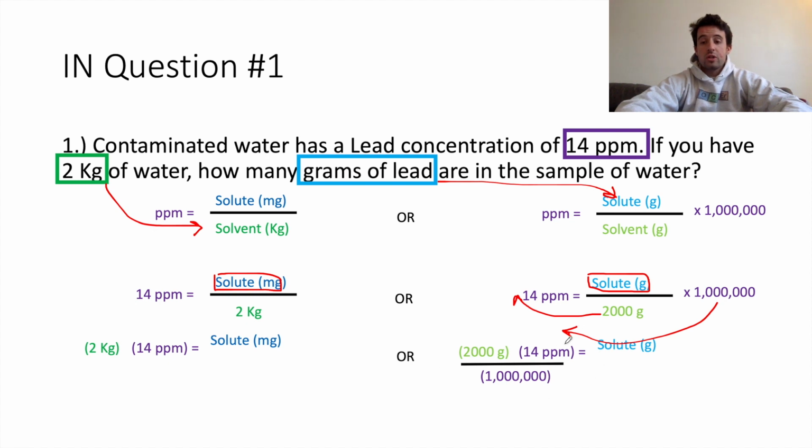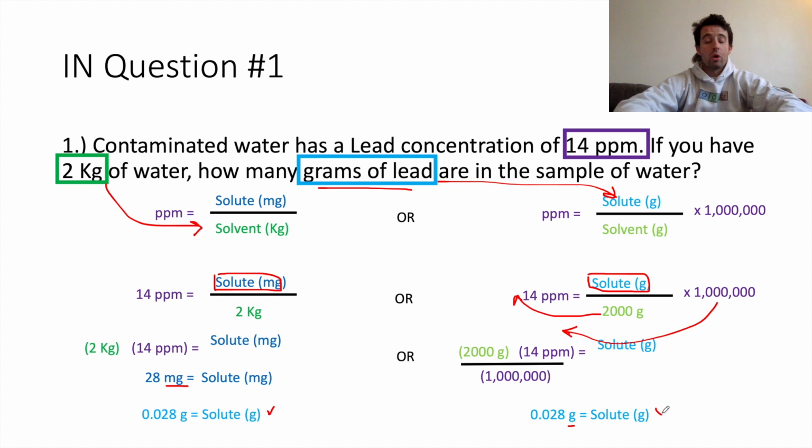Now, you'll notice here that on the left side, our answer is going to be in milligrams. And on the right side here, our answer is going to be in grams. We wanted grams of lead. So this is not a final answer here. 28 milligrams is not our final answer. We need to convert that back into grams by moving the decimal place over 3 times or dividing it by 1,000. So that's how you get 0.028 grams.